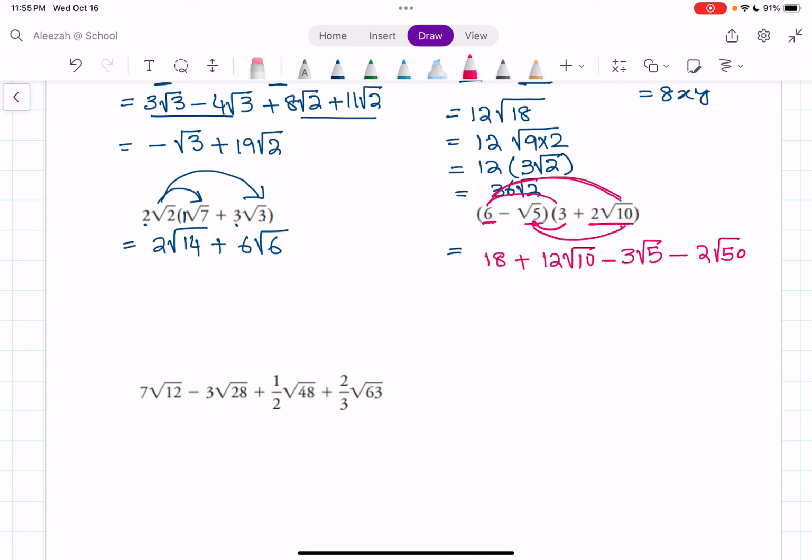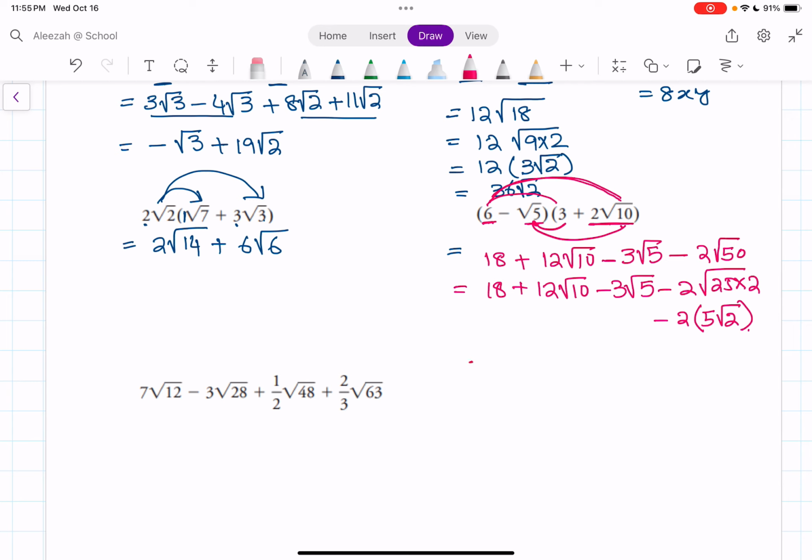And now I can further simplify it. It will be 18 plus 12 square root of 10 minus 3 square root of 5 plus minus 2 square root of 50. I can write 50 as 25 times 2, right? And that becomes negative 2, square root of 25 is 5, square root of 2, right?